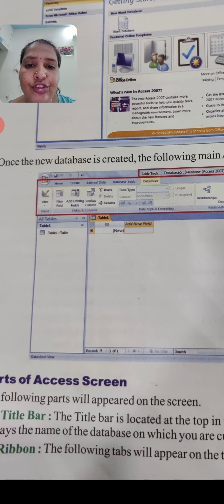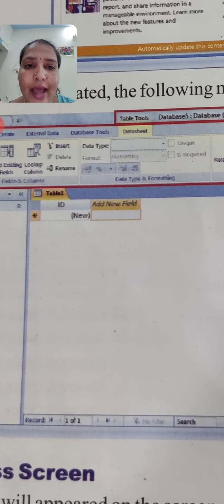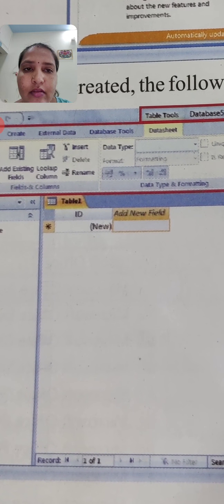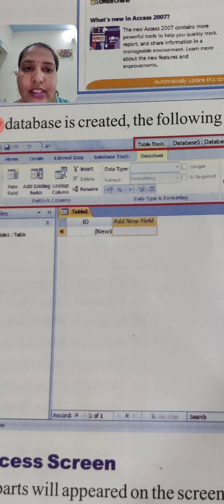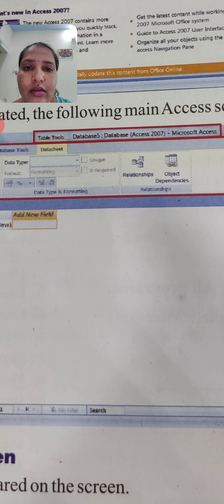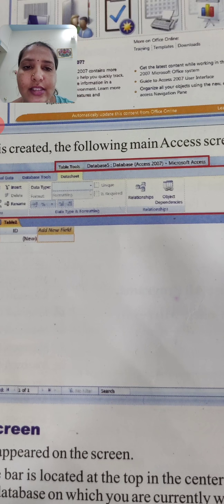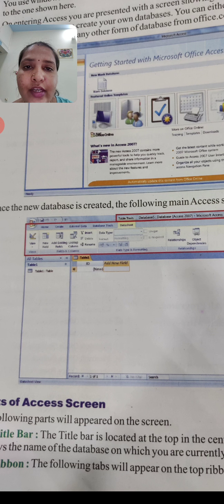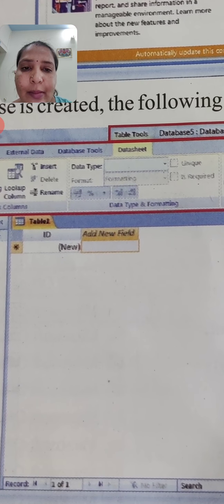They have shown it below. See here, this is the blank page. They have given Table Tools, Database 5, Database, Access 2007, Microsoft Access. This is the page which will be opened when we click on Blank Database.